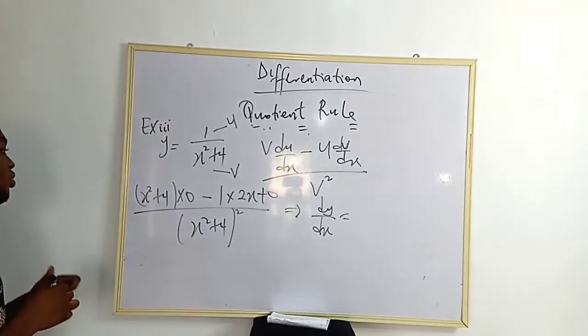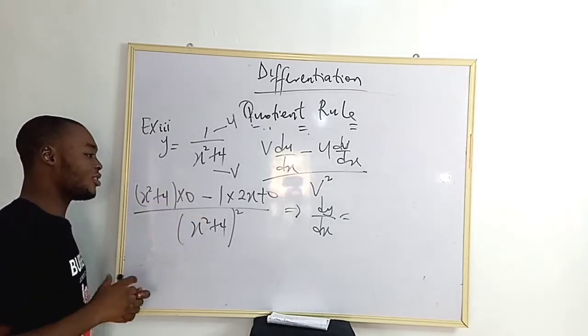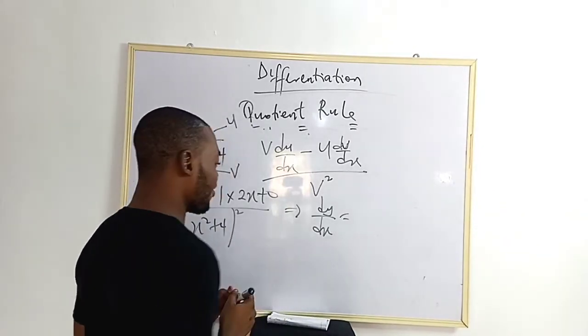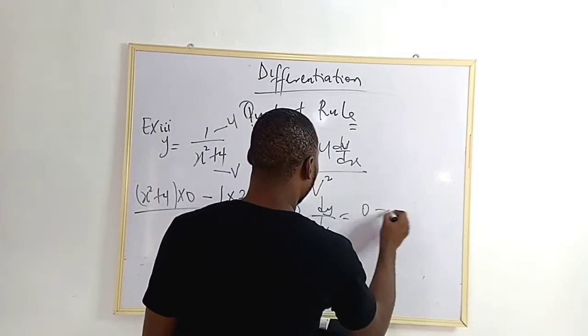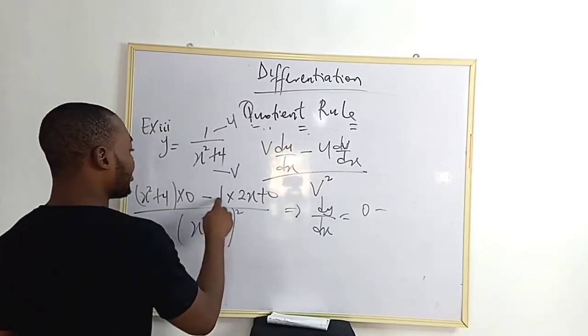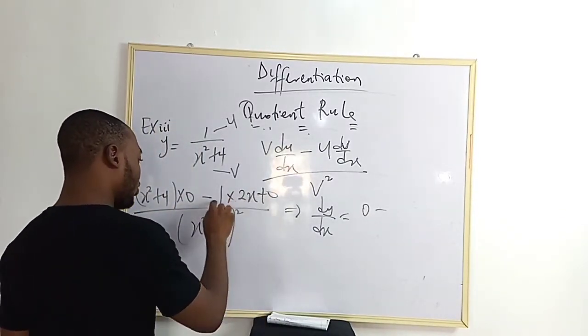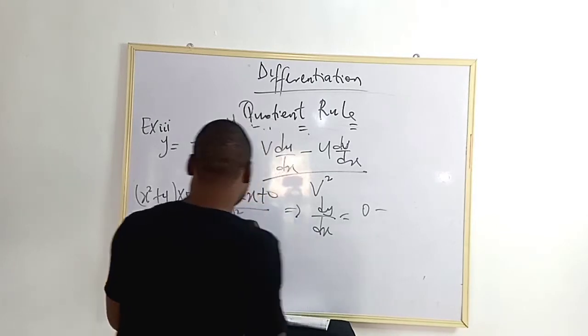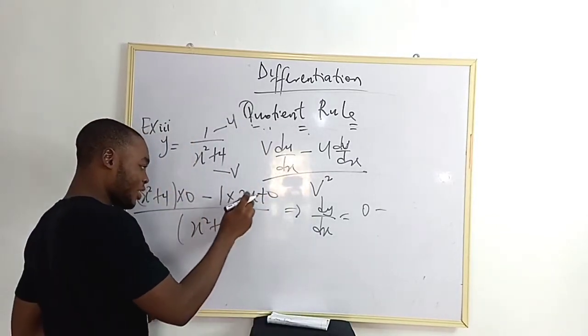So dy/dx equals 0 times everything we have here, which is 0, minus 1 times 2x plus 0.